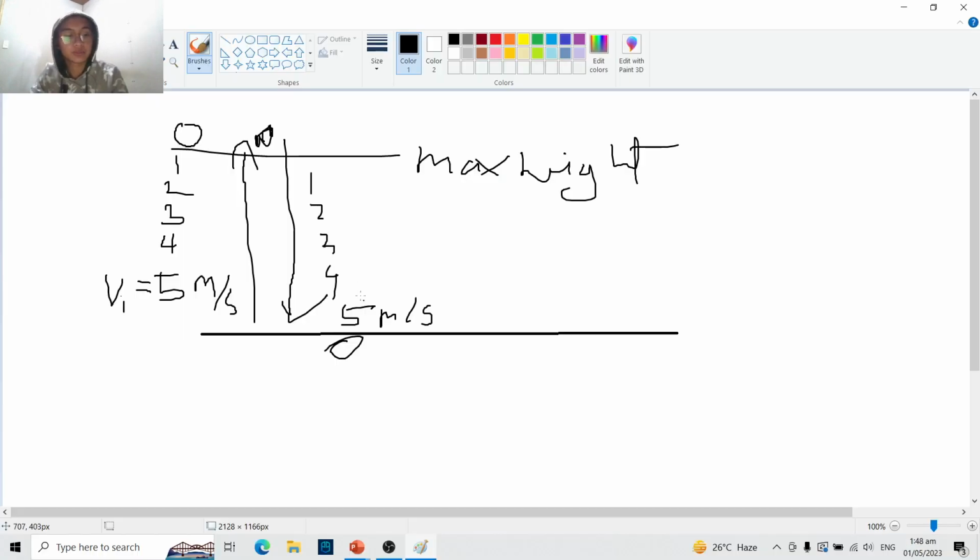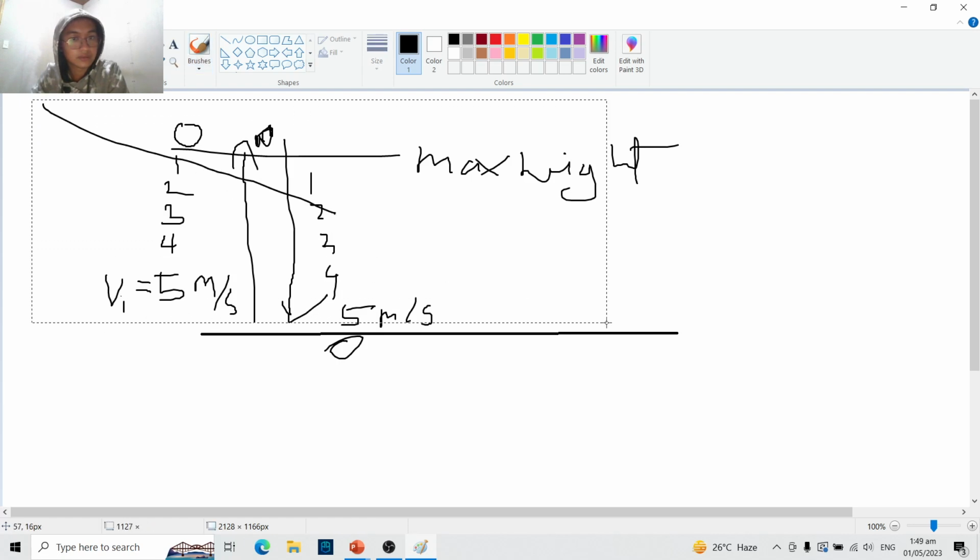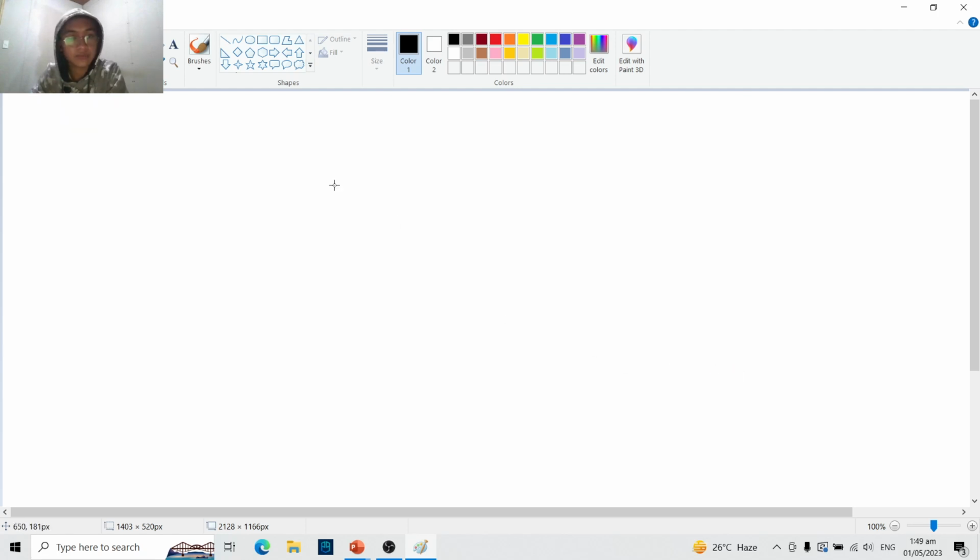So, for example, ang atong velocity daw is negative. So, if negative ang atong velocity or less than 0, ang object nimo is paubos daw siya una.